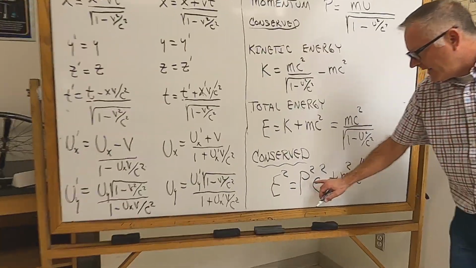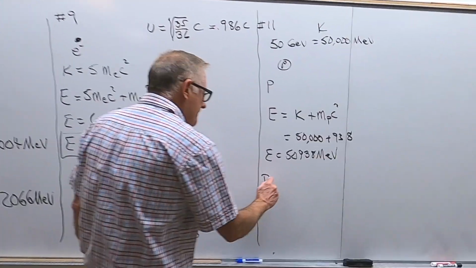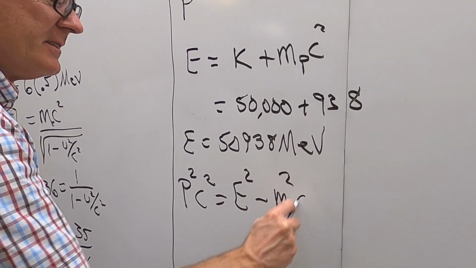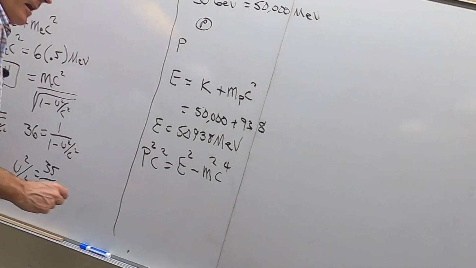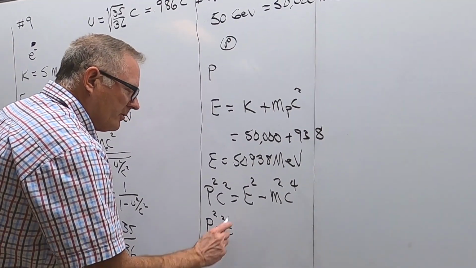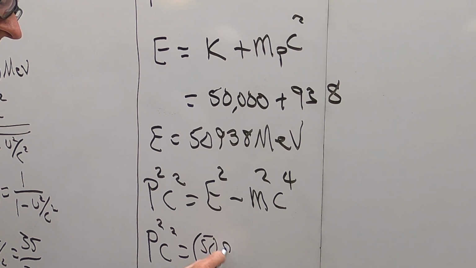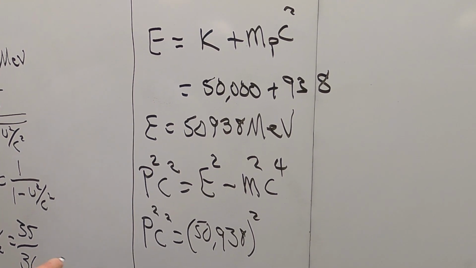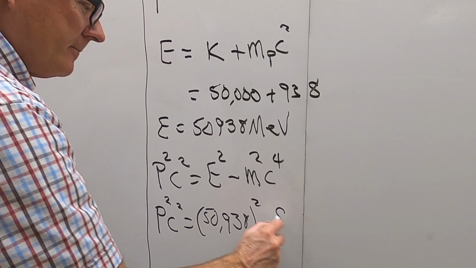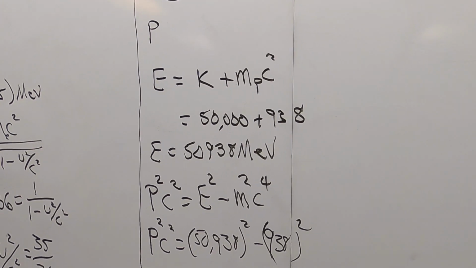If I want to solve for P, I'm going to move this term over to that side. So p squared c squared equals E squared minus m squared c to the fourth. Let me plug in the numbers. p squared c squared equals E squared, which is 50,938 squared, minus mc squared squared, so that's 938 squared.